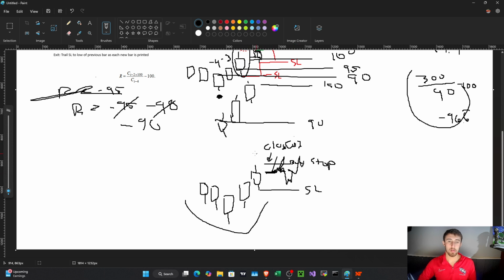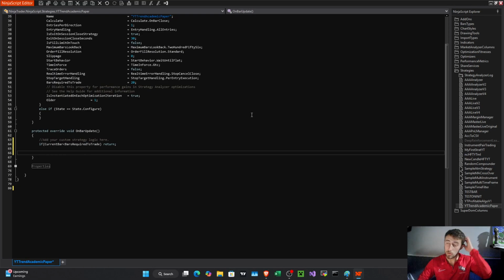Or we could do I. Then this candle is going to be close I minus 1. Then close minus 2, minus 3, minus 4, and minus 5. So what we need to do is iterate through 5 candles.